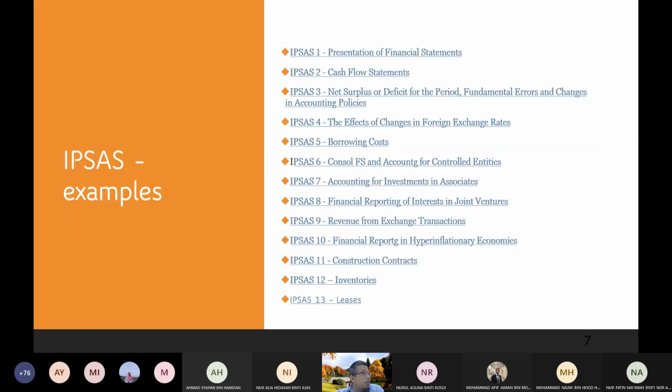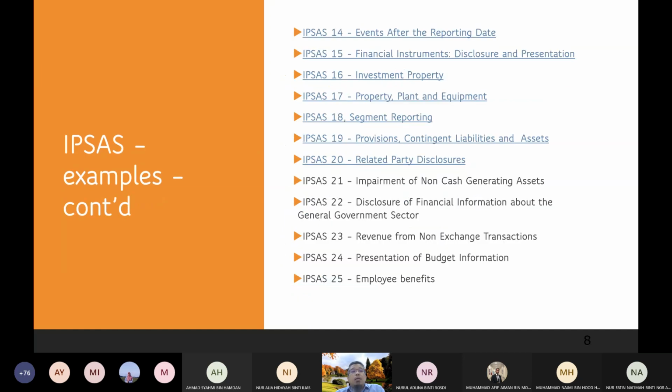Okay, now the relevant standards under IPSAS, I just list this for appreciation. As I mentioned, you can download this. So you can see clearly from here the numbering of the standards. Later on when we discuss MPSAS, they just follow the same numbering as well.